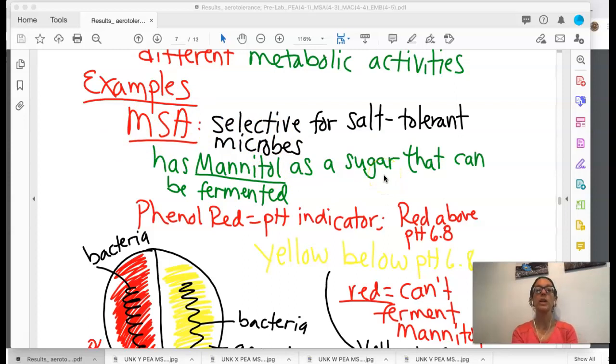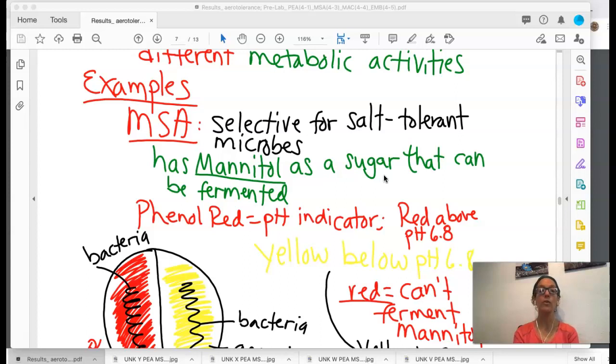So this media will tell the difference between organisms that can ferment mannitol versus the ones that cannot. Again, the bacteria have to grow well. If there's no growth, we cannot say if it ferments mannitol or if it does not.